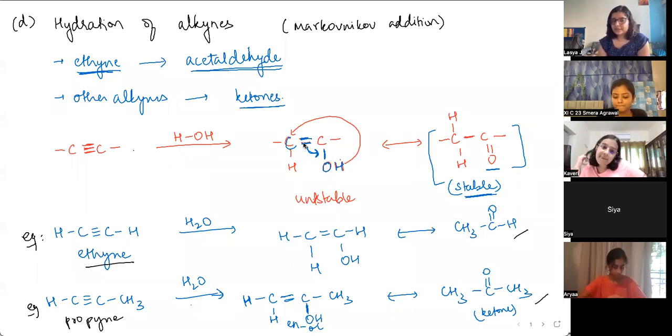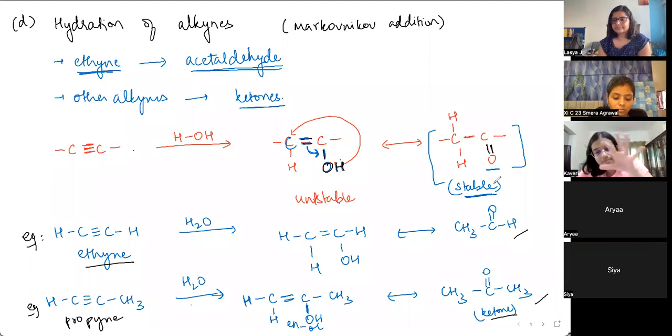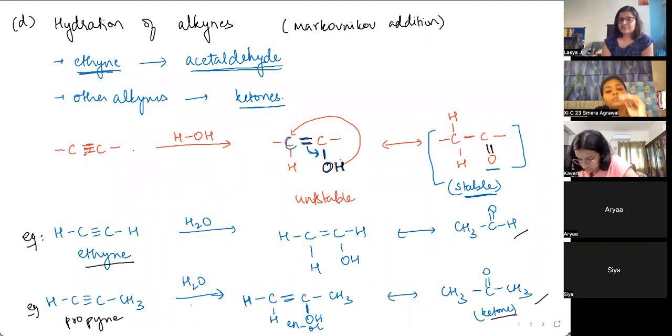No matter how you get it, if you have an enol structure, a double bond and OH, it will always tautomerize to a carbonyl structure. If it's in the middle of the chain, you get a ketone. If you have a hydrogen here, you end up getting an aldehyde. The basic mechanism is the same. Here you got the enol by hydration of alkynes. There are other ways of getting enols, which we'll be looking at.